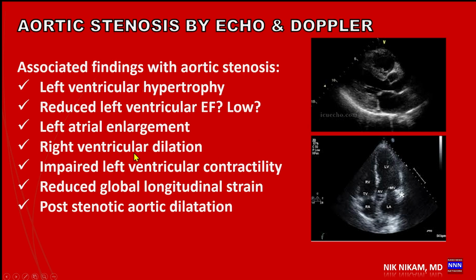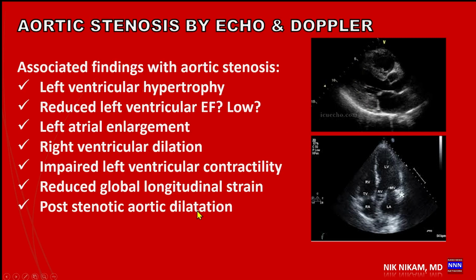Right ventricular dilatation, as I told you, could be secondary to pulmonary hypertension from a concomitant heart failure associated with aortic stenosis. Impaired left ventricular function, reduced global longitudinal strain, is something that is picked up by the global longitudinal strain, which may not be evident by just glancing at the left ventricular wall motion and function by naked eye.